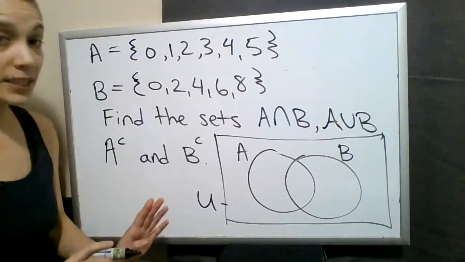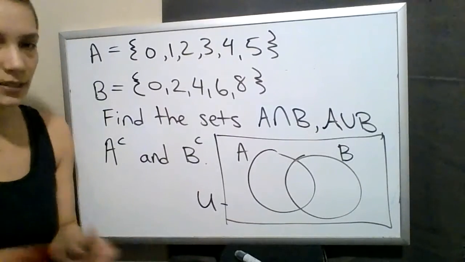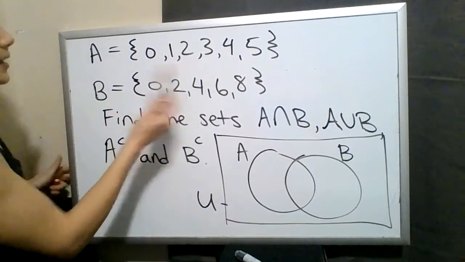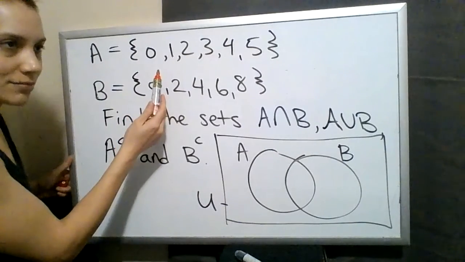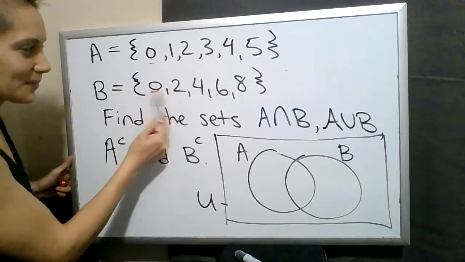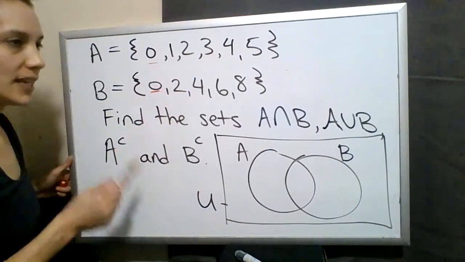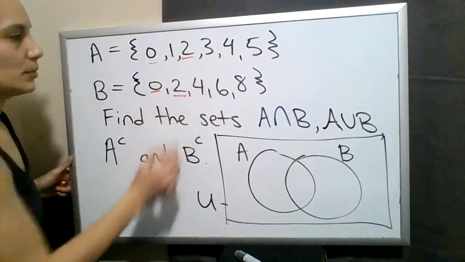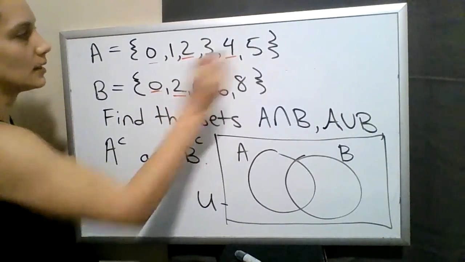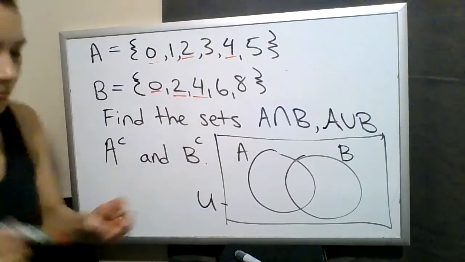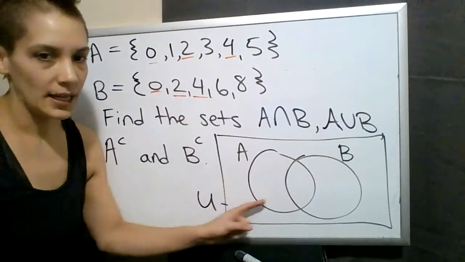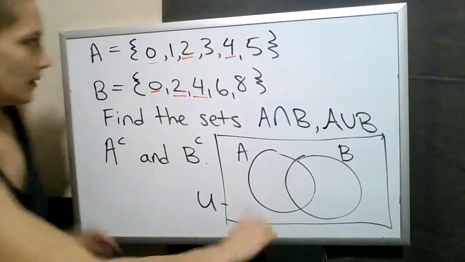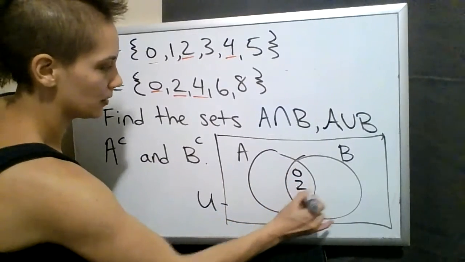Common elements first. So I would take something to highlight the elements that both sets share. 0, both have 2, both have 4, and that's it. So in this space that is shared between A and B, we have 0, 2, 4.